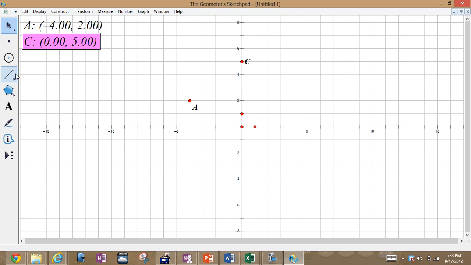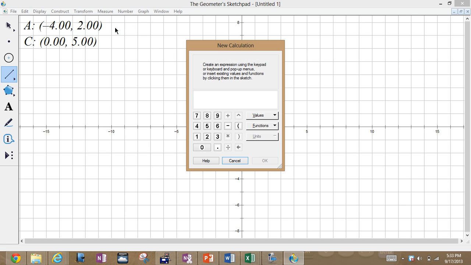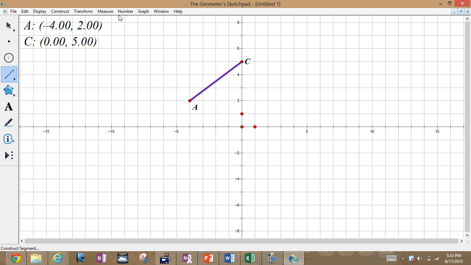Then I'm going to draw the segment from A to C, which is effectively going to be my radius, which you should suspect is 5 because I moved up 3 and over 4, so there's my right triangle right there. So the length of that, measure the length of that, is going to be 5, right?